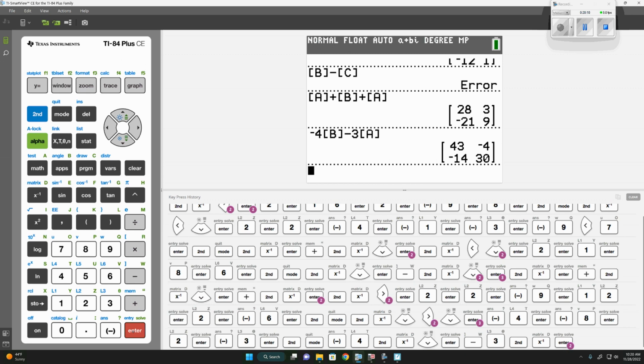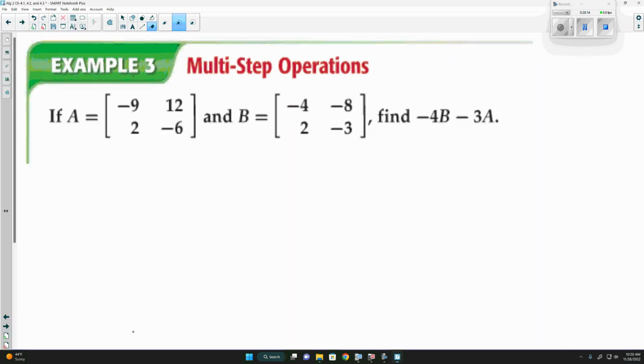Questions on how we got this answer? So the answer for this here is 43, negative 4, negative 14, and 30.